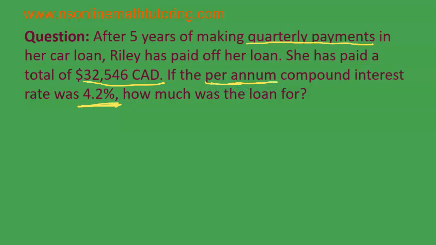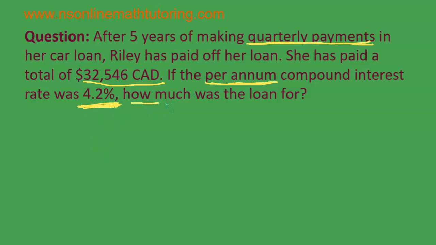This is important. This is the per annum rate, but she is making quarterly payments. So this should get divided by 4, because it should be 25% of this 4.2%. Okay, that is 4.2 divided by 4.